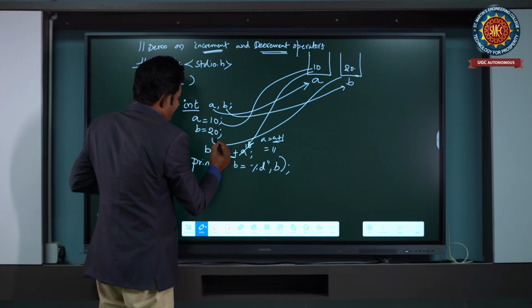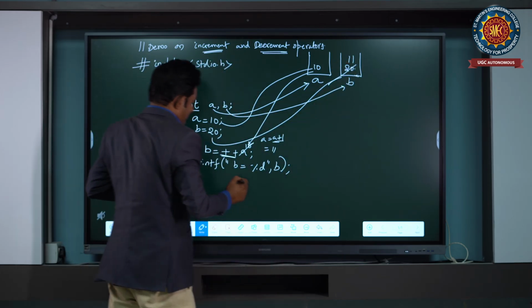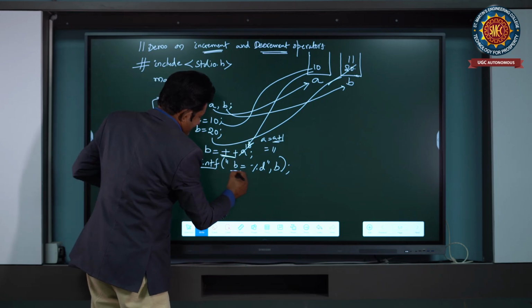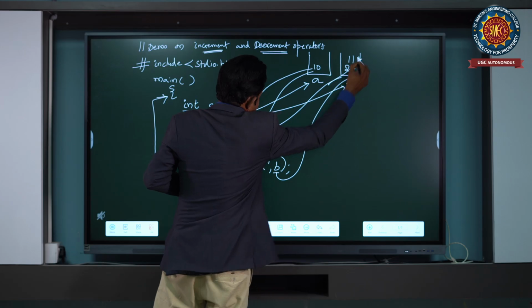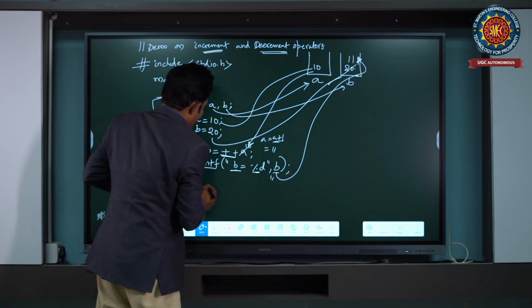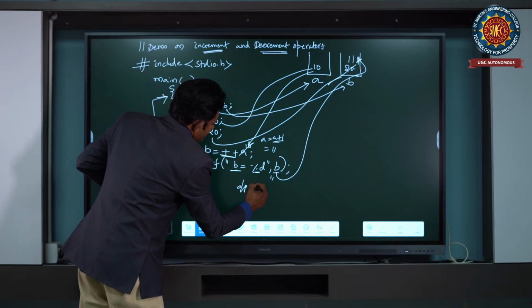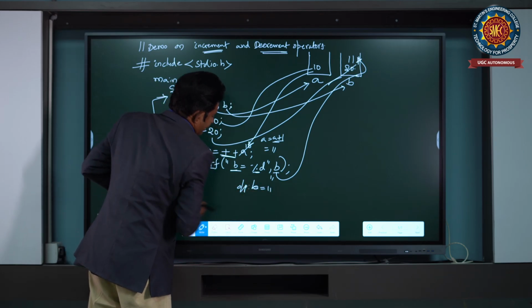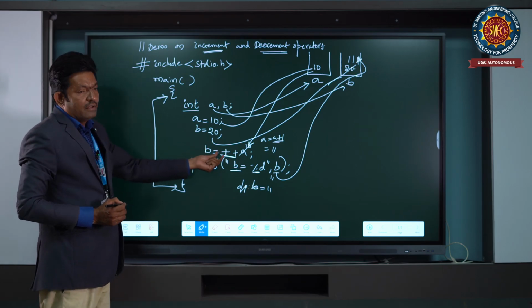The old b value 20 is changed and 11 is stored. That's why in printf b is equal to percent d, comma b, the value of b is 11. The output of the above program is b is equal to 11. So that is about pre-increment.